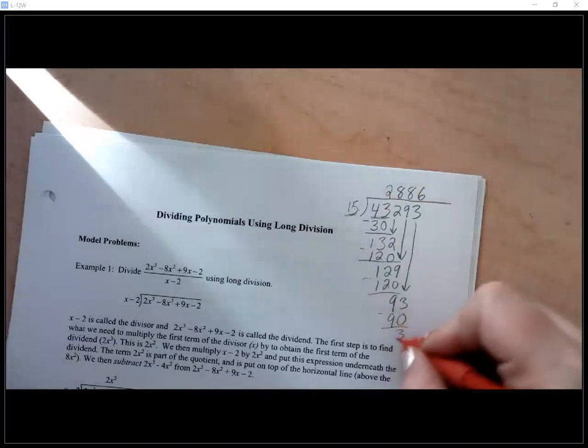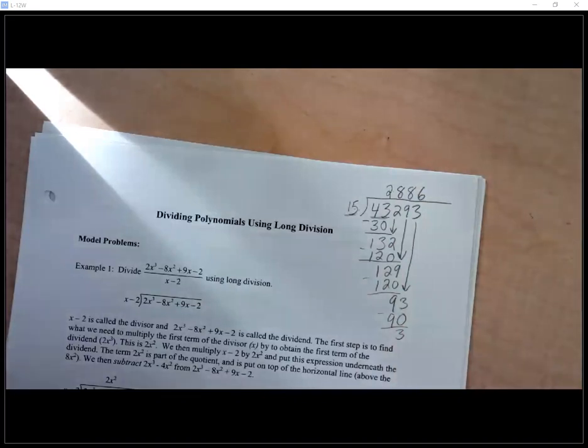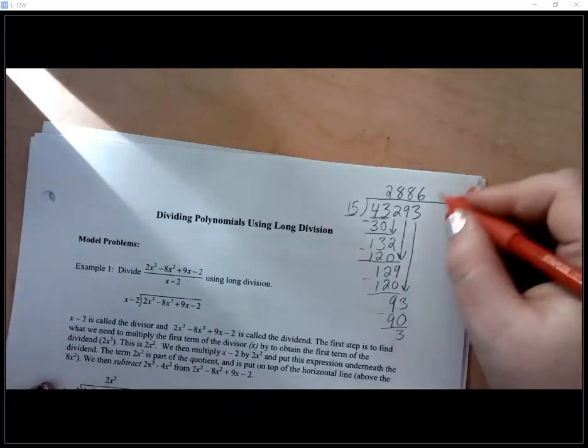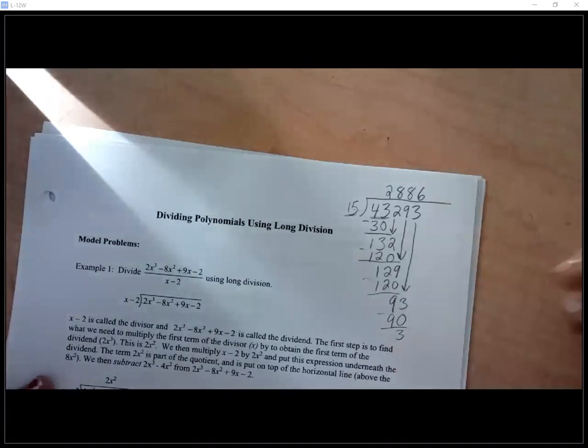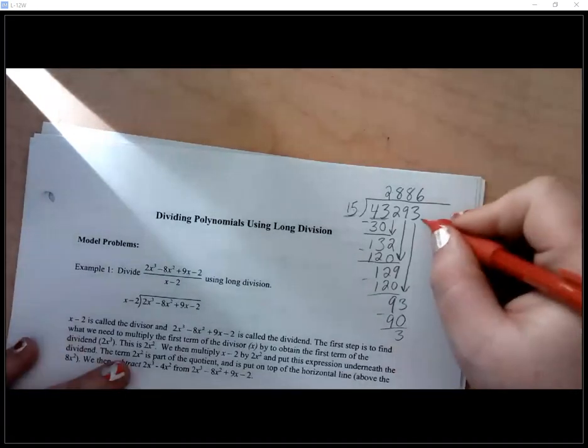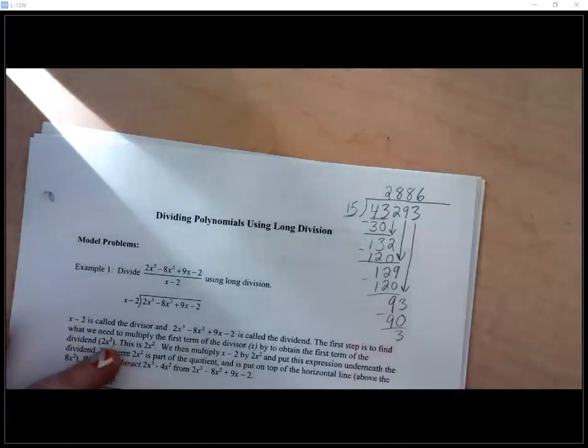Now, at this point, what you do depends on what level in elementary school you were in. Sometimes you would say remainder 3, or put R3. Or if you were advanced enough, you would go into decimals. You put a decimal place and then you keep going. We're going to stop here.